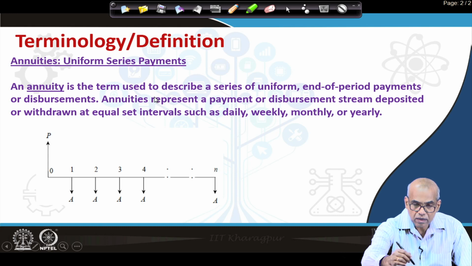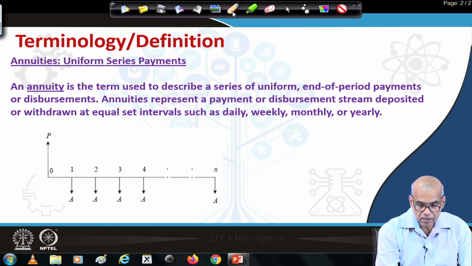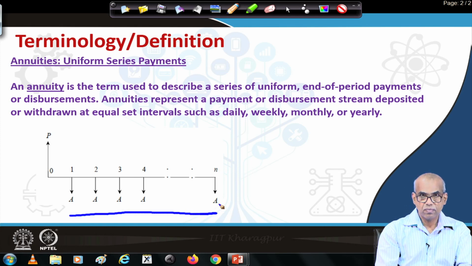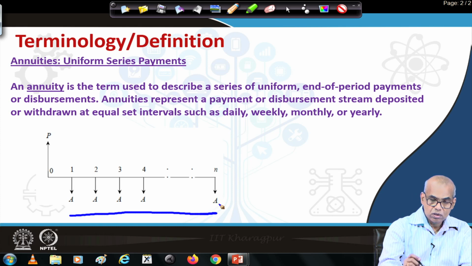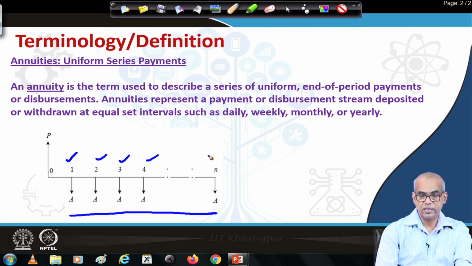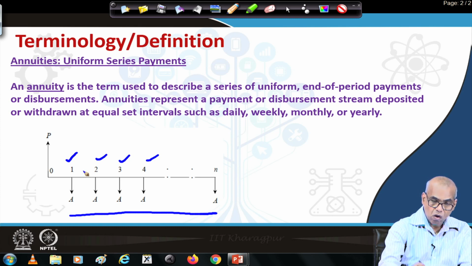If you look at this figure, let us say this represents the time axis. So, these are divided into equal intervals, first year, second year, third year, fourth year, etc. And let us consider that every year we are making a payment of amount A.